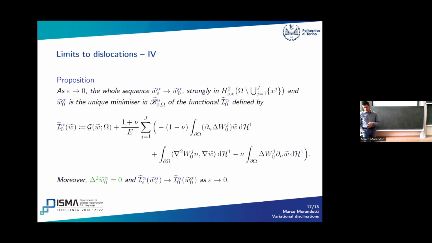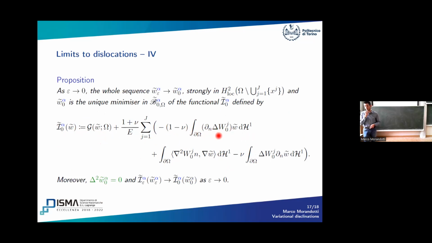And then the other proposition is this one, where we managed to prove this explicit expression of the energy, right? Which involves again the elastic contribution of the W tilde as we expect, something and a bunch of terms that involve the interaction between the presence of the dislocations and these elastic functions.